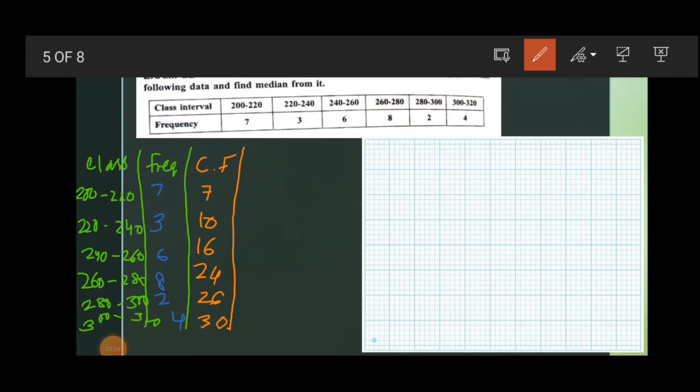To draw less than type ogive curve, we plot upper limit and cumulative frequency.